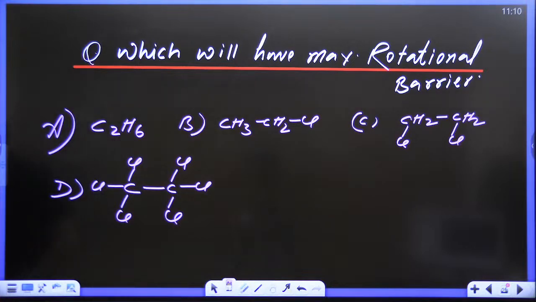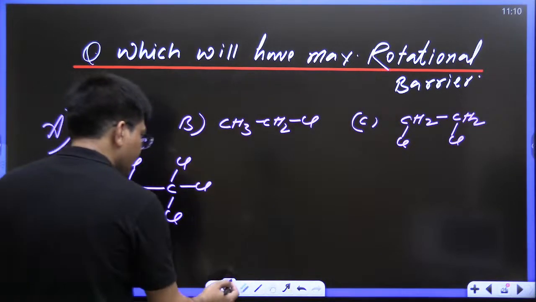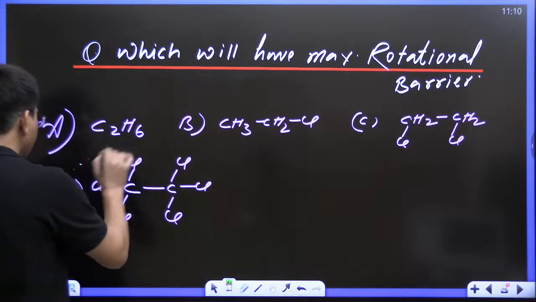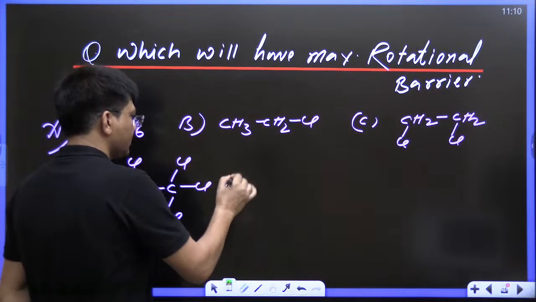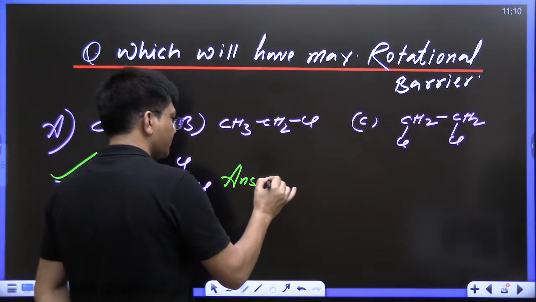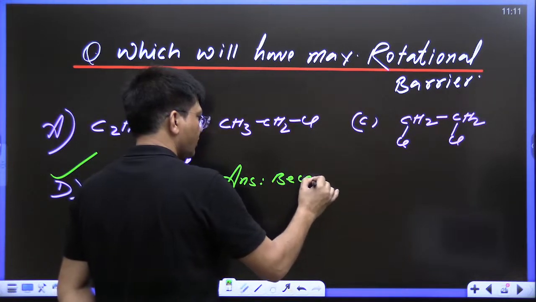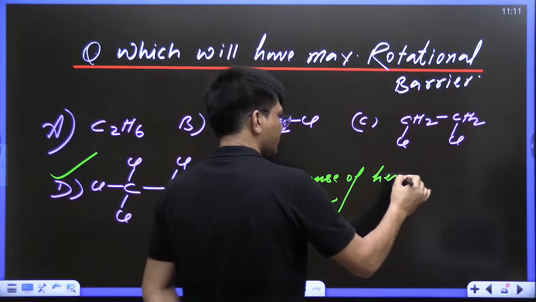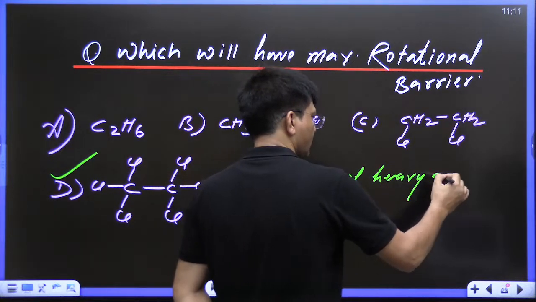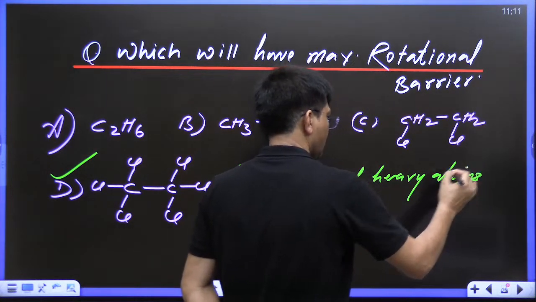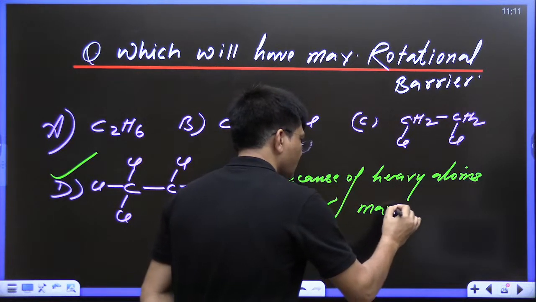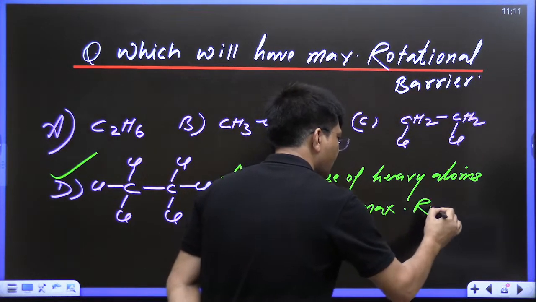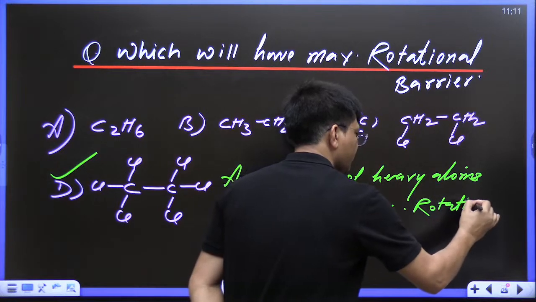D, everyone is going for D. So the correct answer is definitely D. Why? The reason is that because of the heavy atoms, the maximum rotational energy barrier is there.